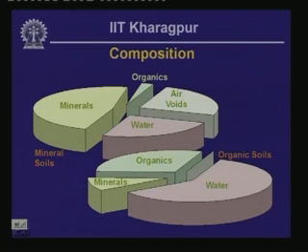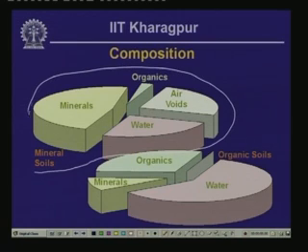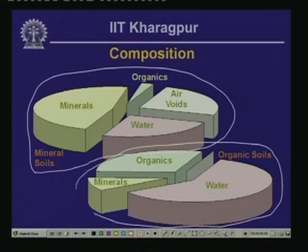And if the soil is saturated, then of course the volume of air voids is going to be 0, as indicated on the bottom pie chart. So this pie chart on the top represents mineral soils, and the pie chart on the bottom right represents a typical composition of organic soils.